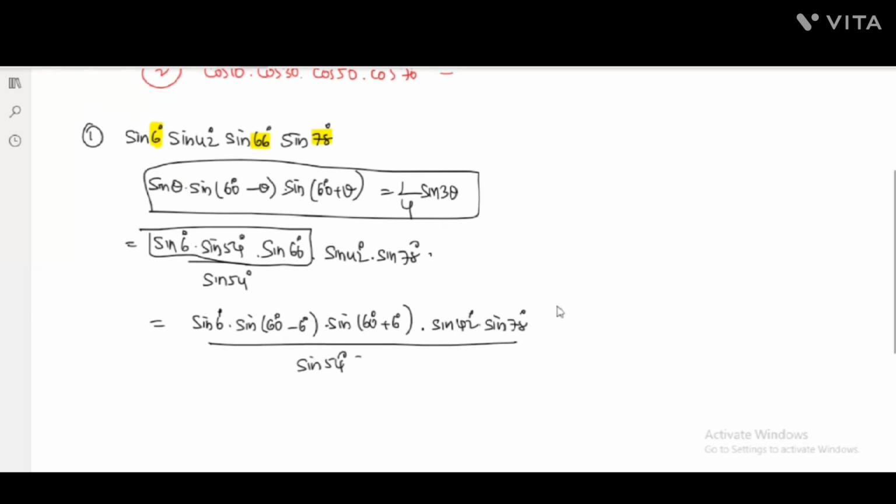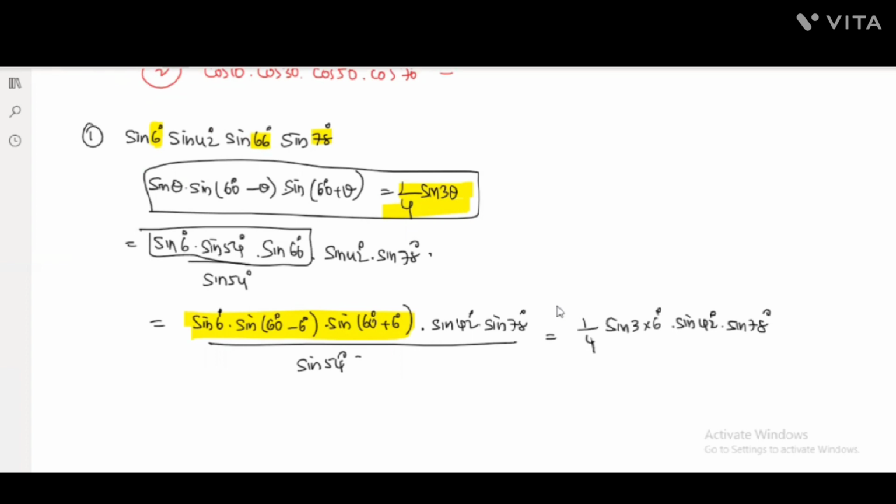For this we can apply the formula directly: 1 by 4 sine 3 theta. If you apply that formula, you'll get 1 by 4 sine 3 into 6 degrees into sine 42 into sine 78.